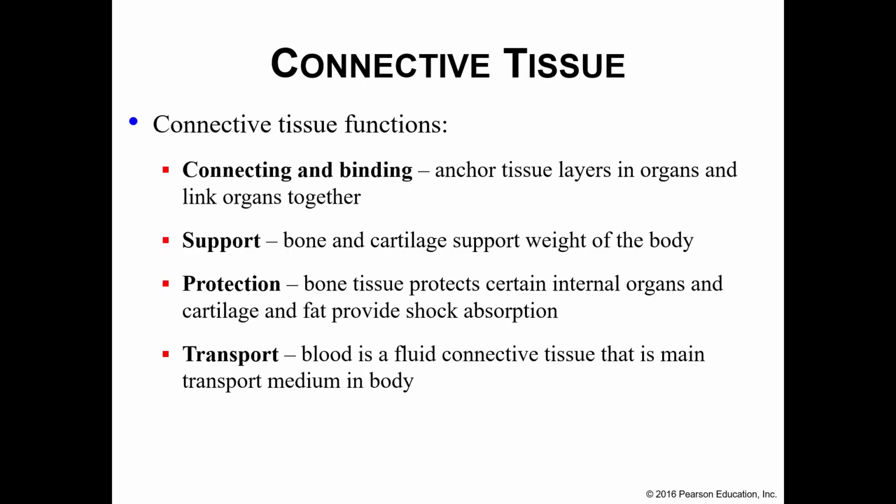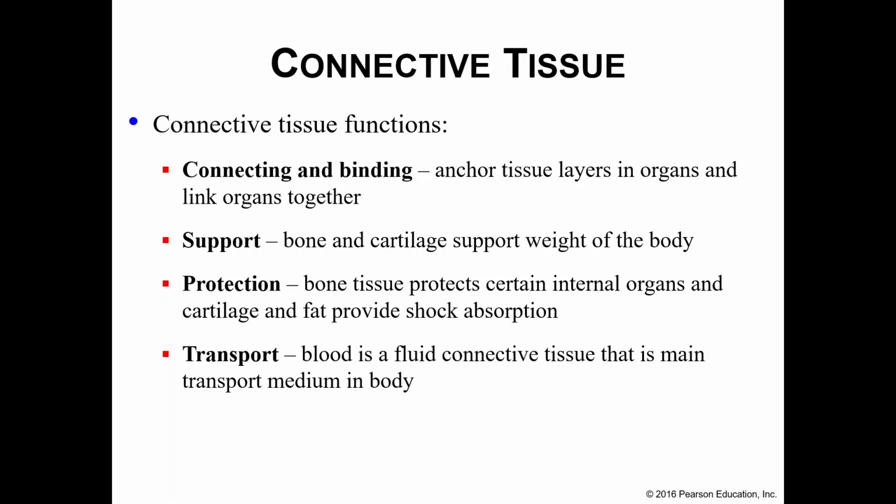So, connective tissues, we have a few main functions here, and they're a little all over the place. They do quite a few different things. We connect and bind. Okay, so anchor tissue layers in organs, hold organs in place. We just kind of connect your body to itself. We have supportive functions. Your bones and your cartilages specifically help support the weight of your body.